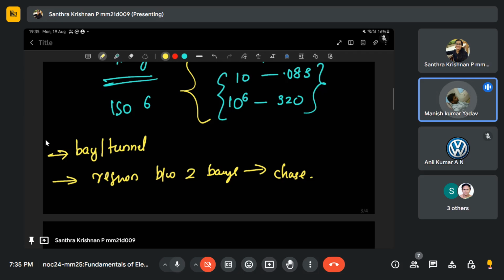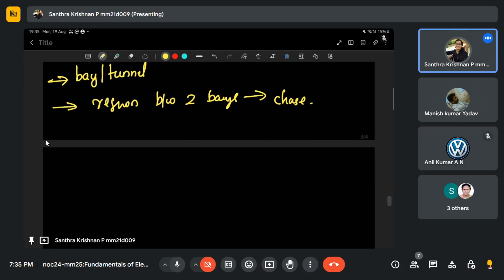In the tunnel bay concept, bay is the clean area and tunnel is the area between bays. Means between the bays there is a tunnel. I'm not able to visualize that from this. I haven't seen any image of this. I'll search on Google, if any. I don't remember that kind of differentiation.